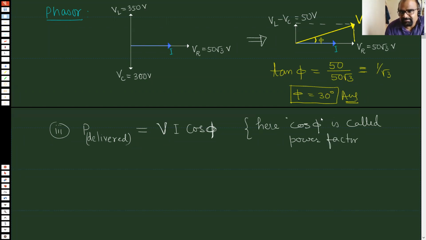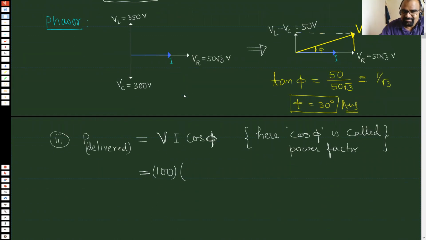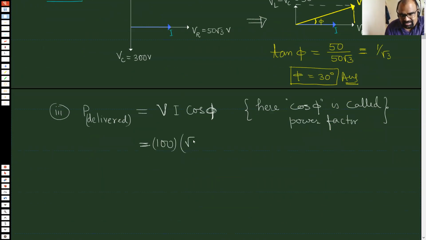Okay, this cos phi. V is the RMS source voltage, that is 100 volt. This is the RMS current, have we found it? Of course we have found it: root 3 ampere. And now cos phi, how will we find cos phi?